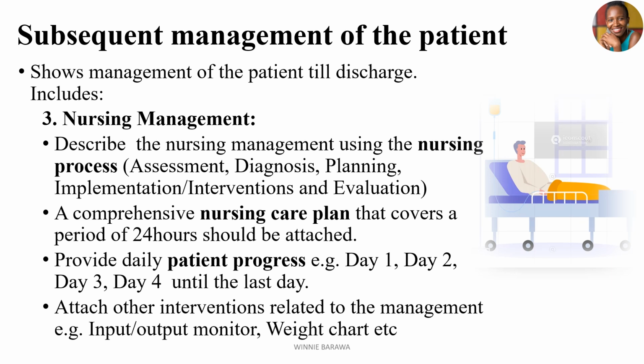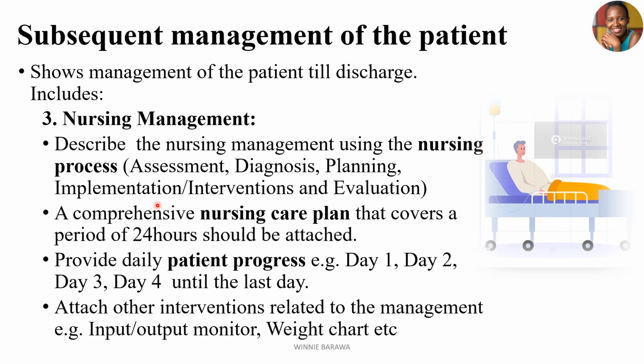So what is required under nursing management? Here we are expected to describe the nursing management using the nursing process. One is wondering, how do I put this together? When you're describing the nursing management, you start by doing the nursing process first. Here we are going to use the PROS form.